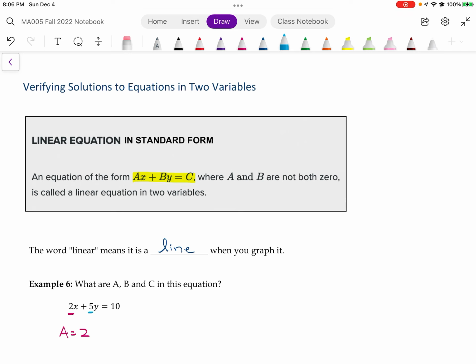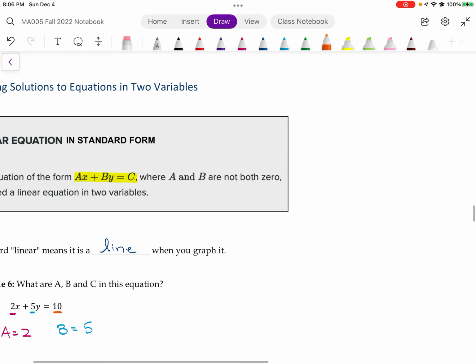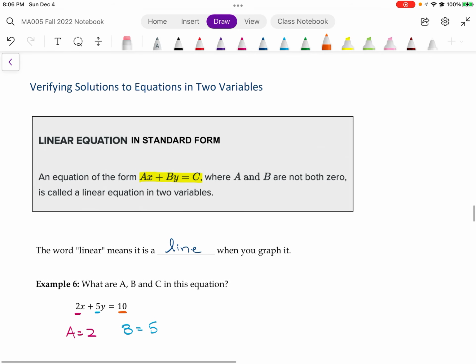B is always in front of y, and so B equals 5. And the number by itself is always C. A is always the coefficient of x, B the coefficient of y, C the constant. So C is 10.